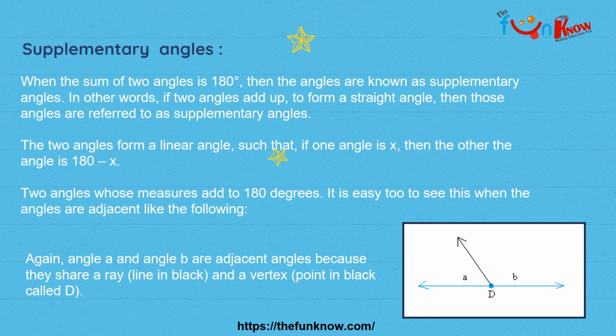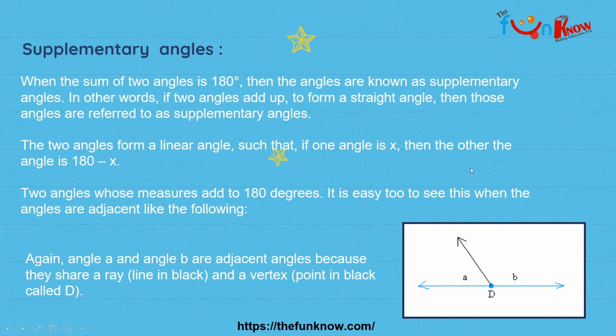Just imagine, the same way I was telling earlier that a complementary angle is 90 degrees, you have to remember whenever they say supplementary angle, it means the total has to be 180 degrees.